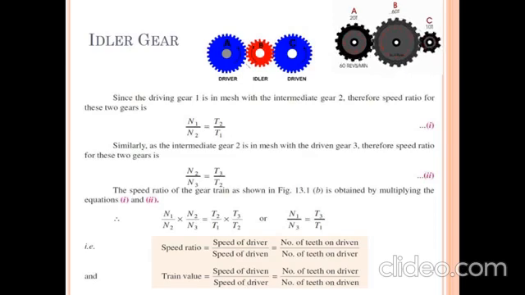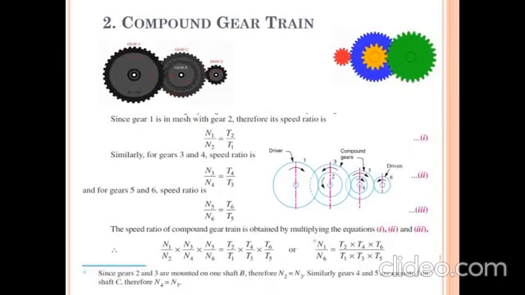The second function of the idler gear is to obtain the desired direction of motion of the driven gear, isn't it? That means, suppose for driver gear A and driven gear you want the same direction, you can use an odd number of gears. If you want opposite direction for input and output gear, you can use an even number of gears in between driven and driver gear, isn't it? That is regarding idler gear.